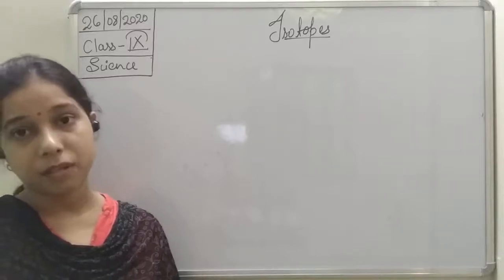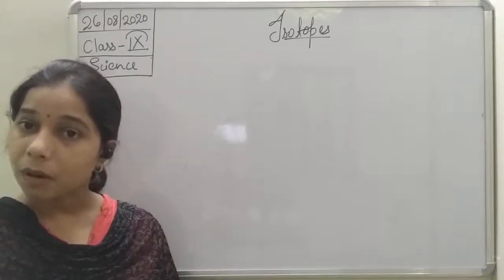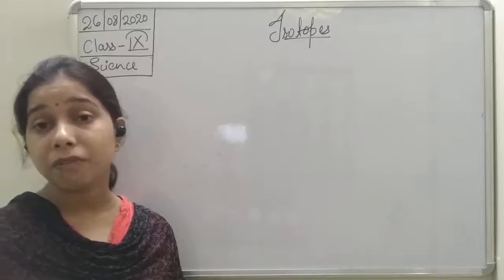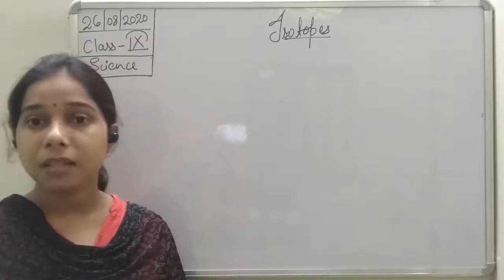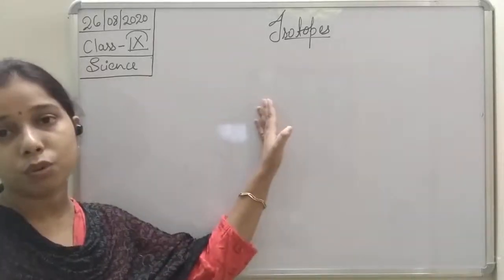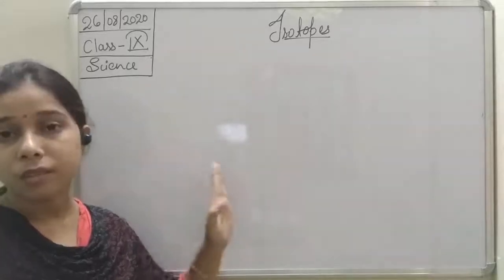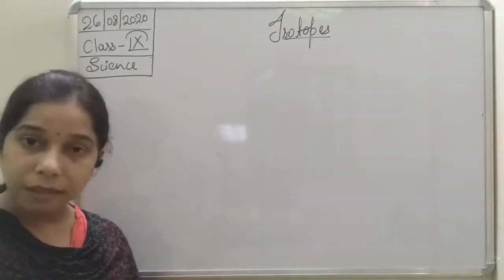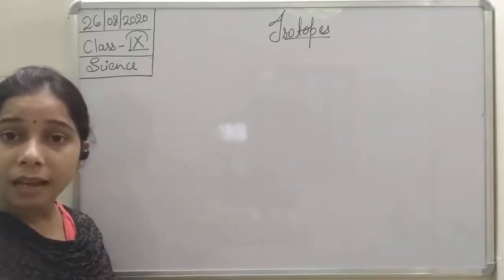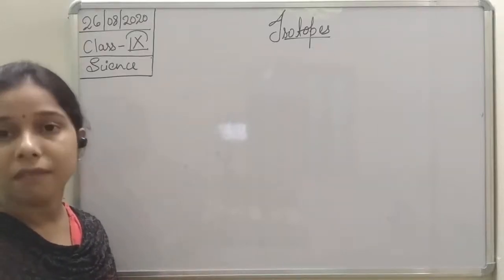There are some elements which have the same atomic number but different mass number, or which are made up of the same type of atom but their properties vary. It is because of the isotope, students, that we discussed the limitation of Dalton's atomic theory. So what is an isotope? An isotope tells that atoms can have the same atomic number but their mass number varies.